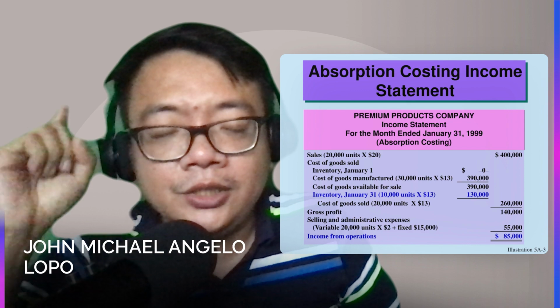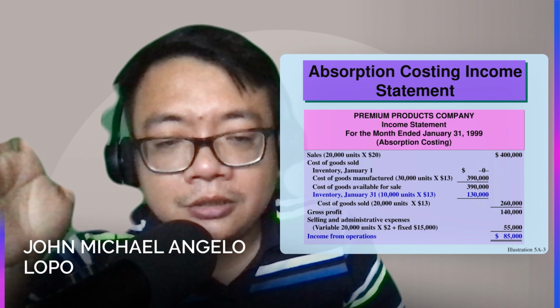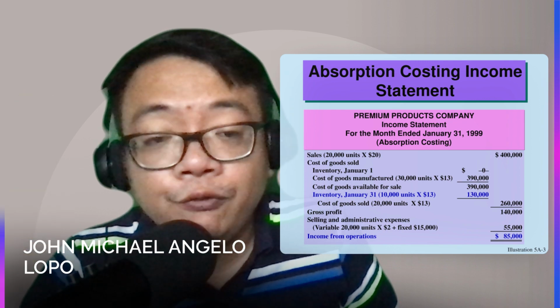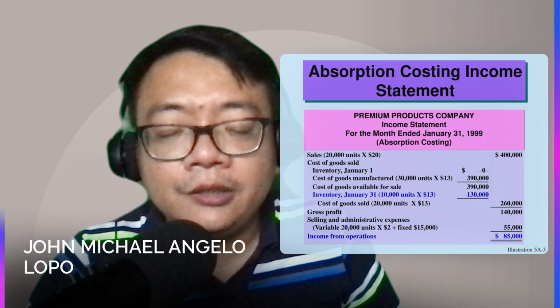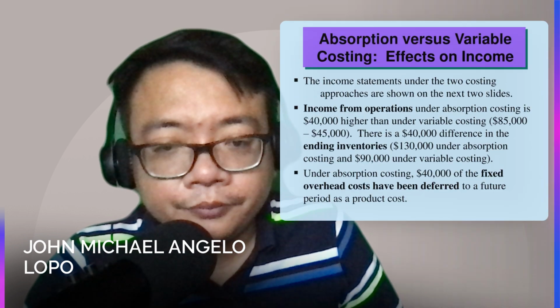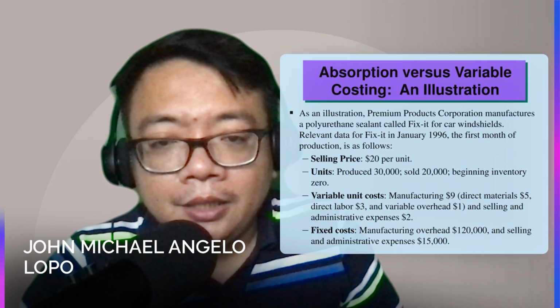Ending inventory, which is 30,000 produced minus 20,000 as your units sold, you have 10,000. And it is to be multiplied by 4. What is 4? 4 is the fixed per unit. Go back again to this one. Okay.